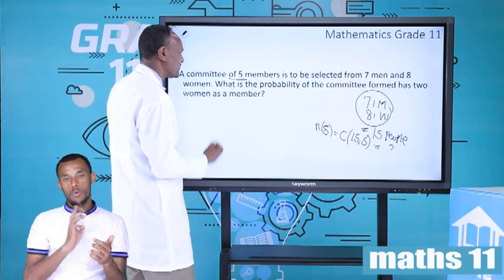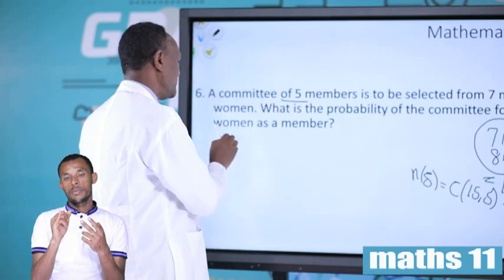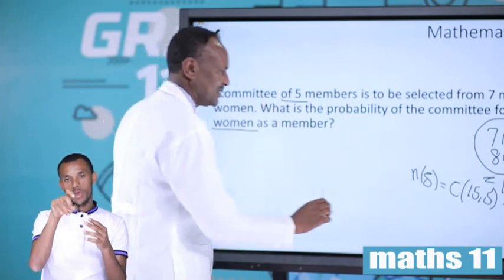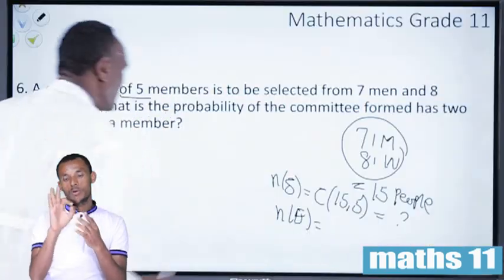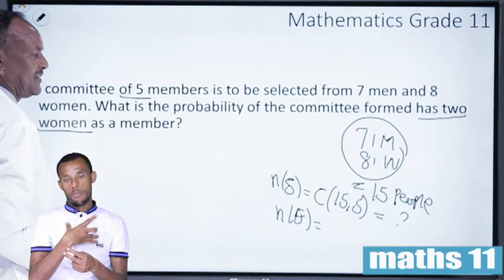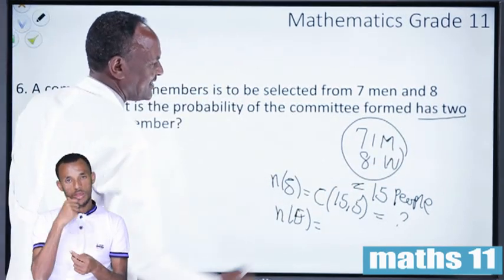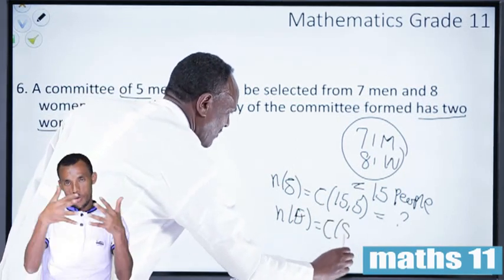We will be successful if I select a committee with 2 women as members. So, the number of elements of the event, what is that? To select the women, I have to form from the group of women the combination of 8, 2.